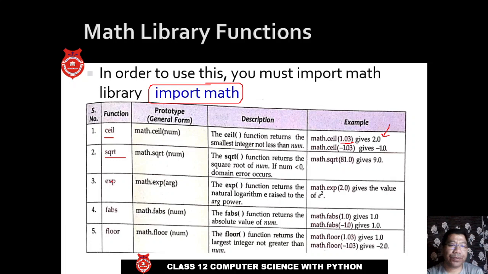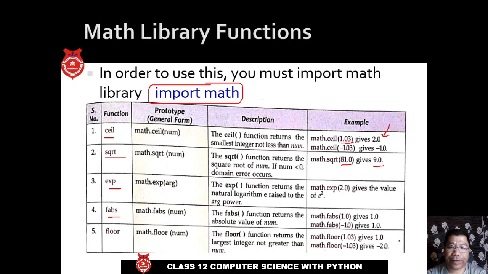We have square root and exponential. Square root, I hope you know, right? The square root of 81 is 9. And exponential will return e to the power. And fabs is the absolute value.